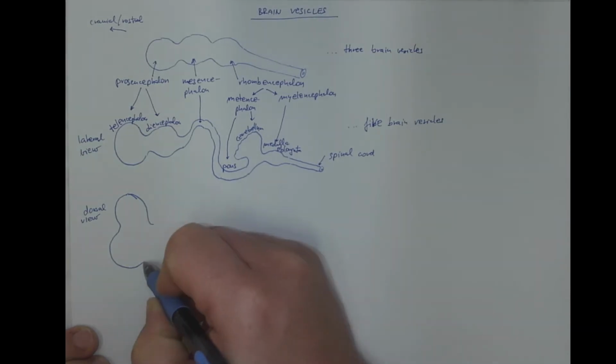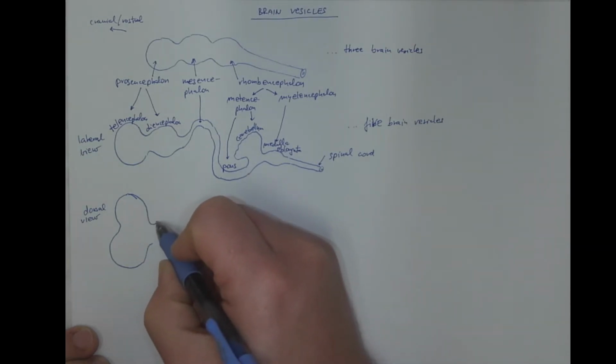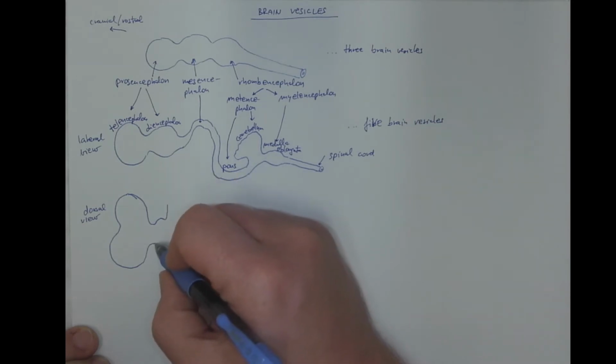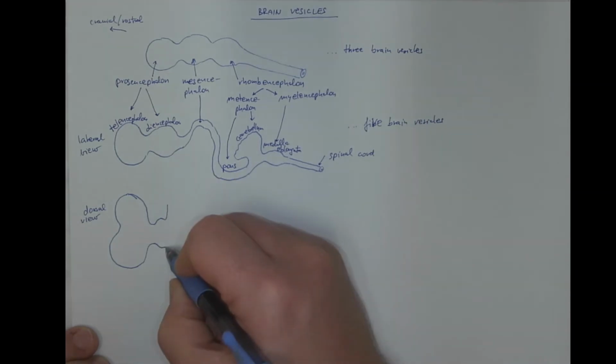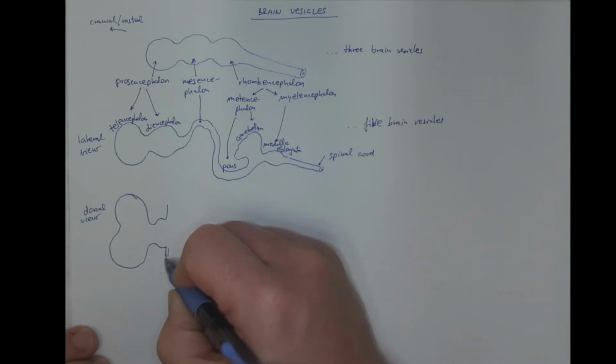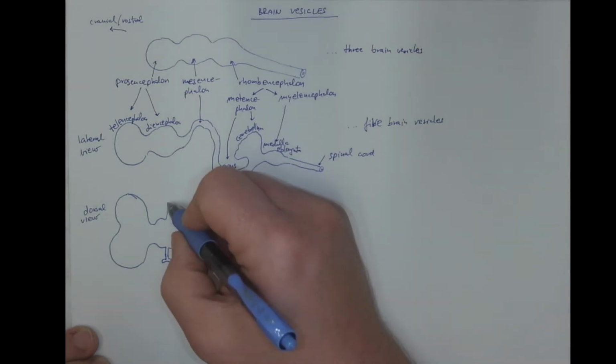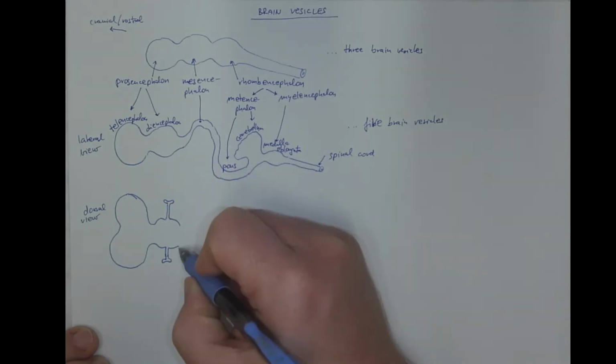Then we have the diencephalon, from which laterally the optic nerves are growing on each side, ending with the optic cups, which will be the retina.